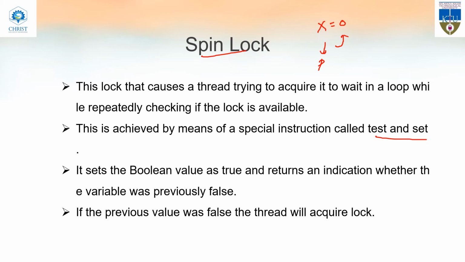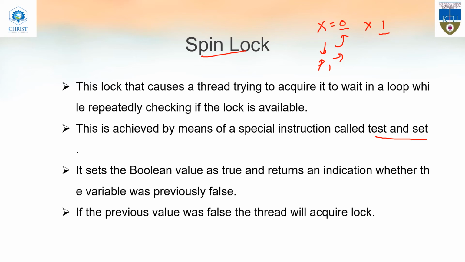When P1 comes, it converts x to 1. Before checking x, it stores x as 1. First it sets. Now it needs to test. P1 tests the value of x against the previous value of x. If there is a change, then P1 can use the resource.